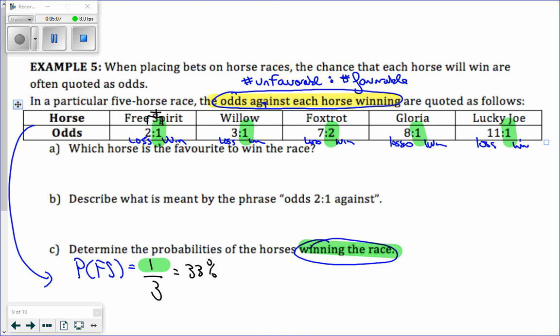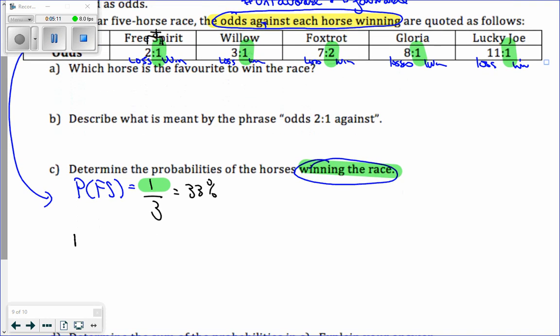That doesn't mean it has to be yours. If we go through the list now, the probability that Willow wins is 1 out of 4, so he has a 25% chance of winning. Foxtrot is 2 out of 9, which is a 22% chance of winning. And how I'm getting those percents is I'm just going on my calculator, 2 divided by 9, 1 divided by 3, 1 divided by 4.